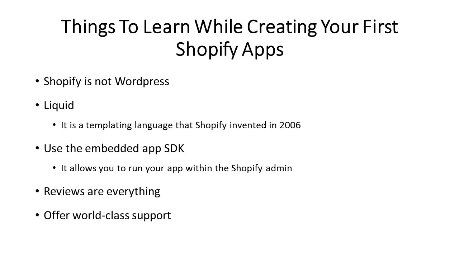Use the Embedded App SDK. It may be a long name that's hard to say quickly, but the Embedded App SDK, EASDK, is really good. Introduced at the start of 2014, the EASDK allows you to run your app within the Shopify admin. The code is still running on your server, but it's loaded inside an iframe in the admin of each store.